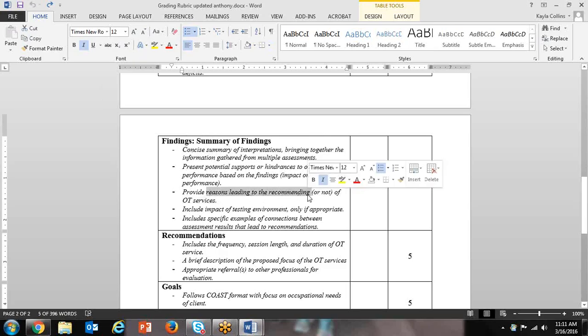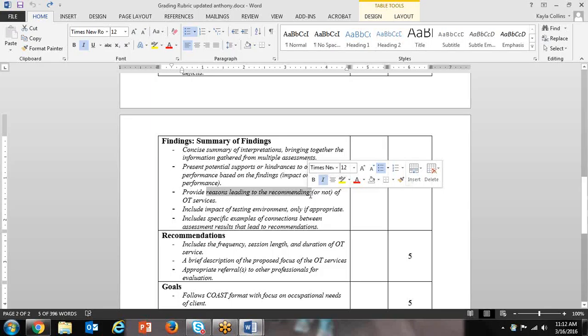So if you are going to be recommending services, don't explain away all of the problems that you're addressing in summary of findings by saying things like, but the client was really tired. Yeah, they have problems with handwriting, but I really think that they need glasses. Okay, you're explaining away the reasons, and then in recommendations, you say, but they need OT. But you just told me in summary of findings all the reasons that they don't need OT.